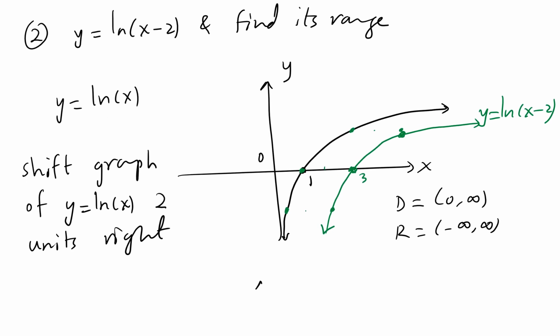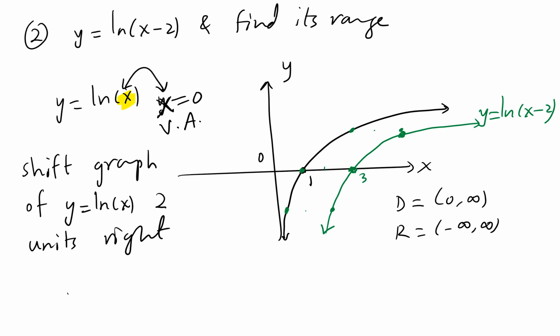So the range stays the same. The only difference here is the domain. Whatever we had here, this is x equals 0. From here, x equals 0 is the vertical asymptote.